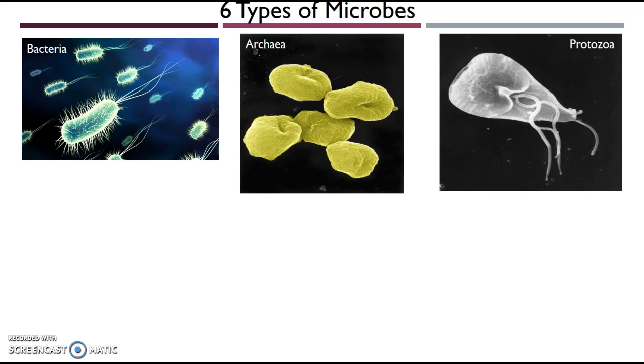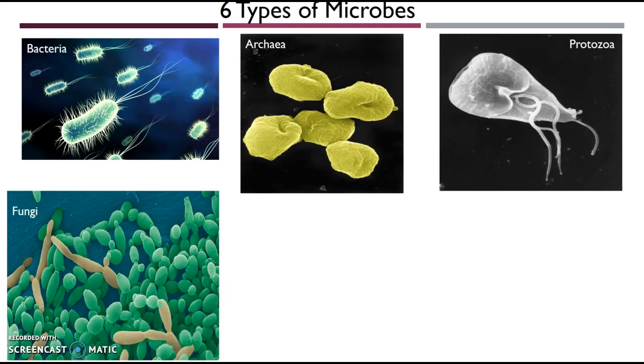We won't spend time learning about algae in this course since algae don't colonize humans. Fungi, and fungi are both microscopic and macroscopic, so there are forms that have to be observed with a microscope and then others that we can easily observe with the naked eye. Most of the fungi that you will study in this course are microscopic.